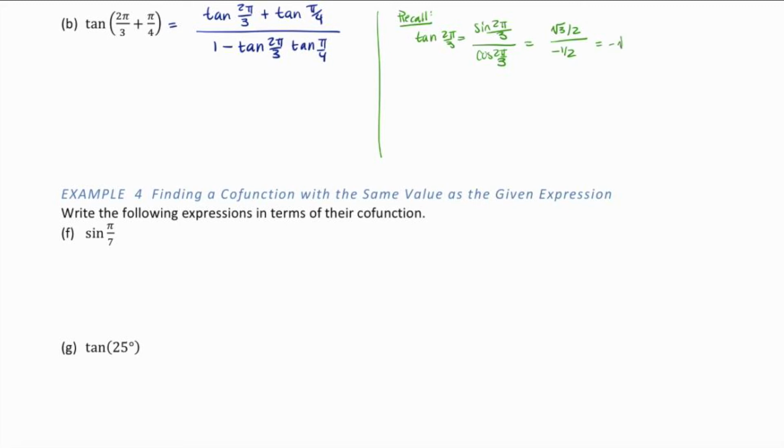So this becomes negative root 3. Tangent of pi over 4 equals sine of pi over 4 divided by cosine of pi over 4, which is root 2 over 2 divided by root 2 over 2, or just 1. Using that, we have negative root 3 plus 1 divided by 1 minus negative root 3 times 1.